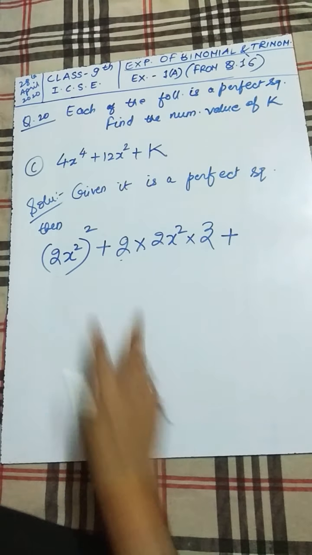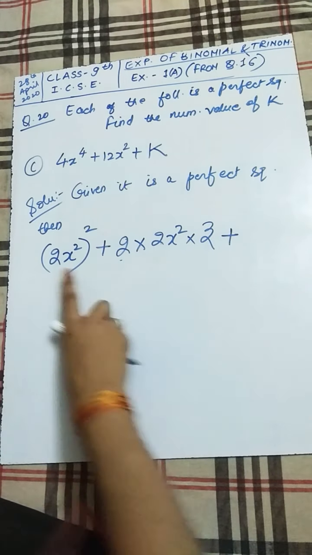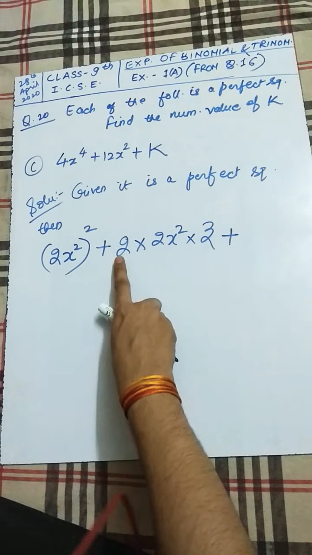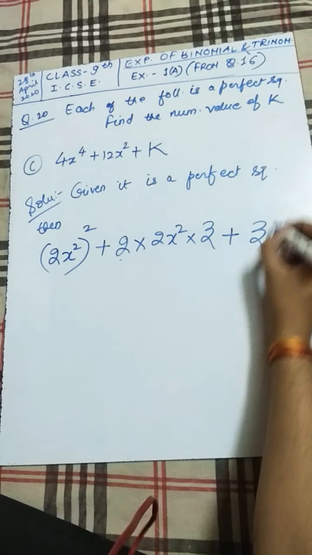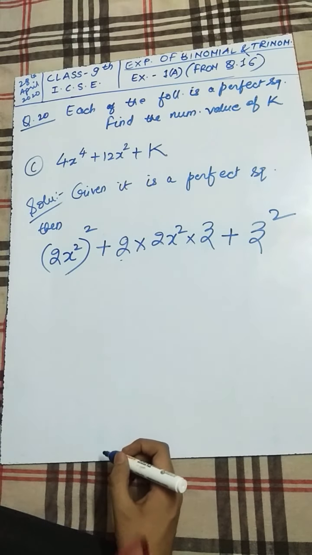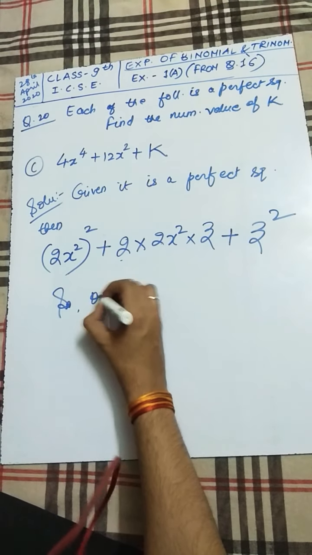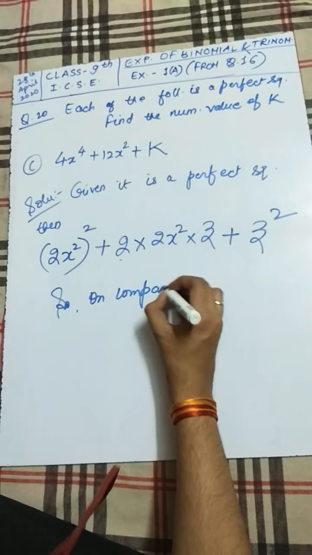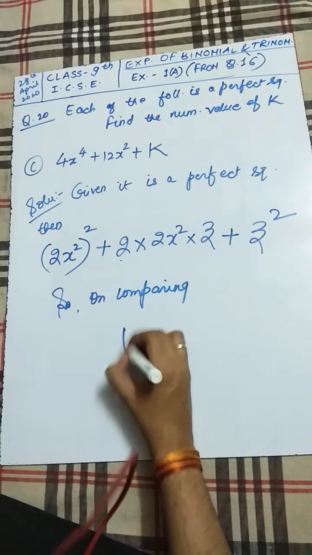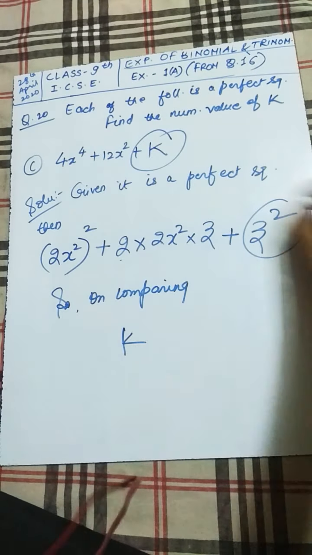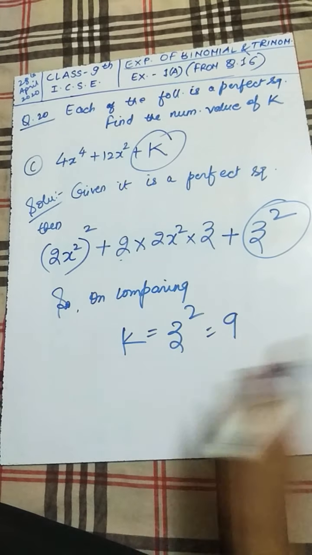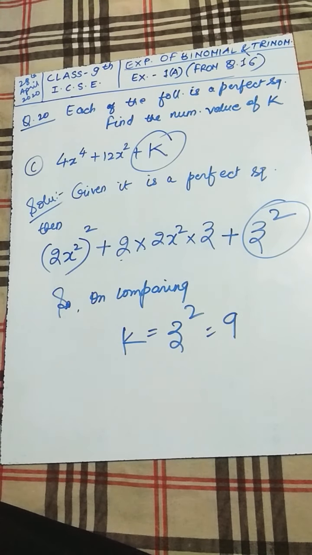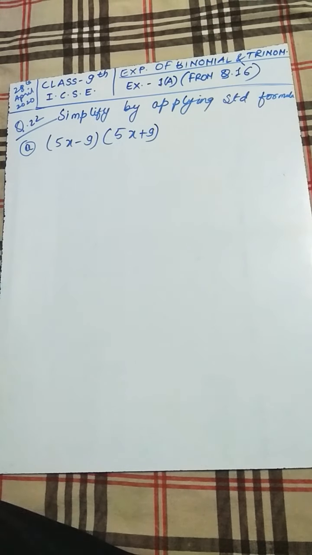Plus, now according to all these things, if this is your a, if this is your 2ab, b square, that means 3 square. So on comparing, k equal to 3 square, which is 9. So hence k is equal to 9. This is the answer.